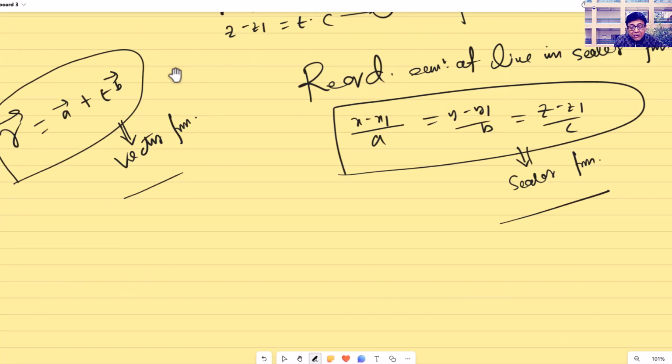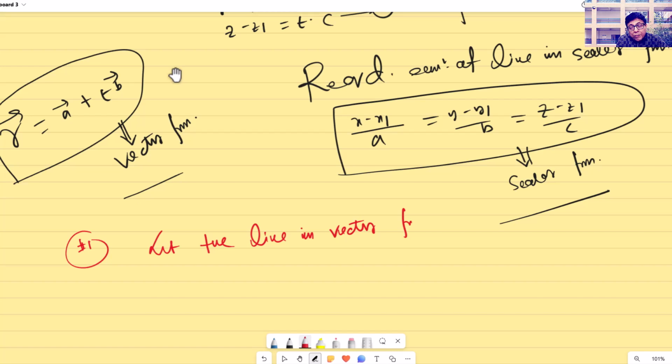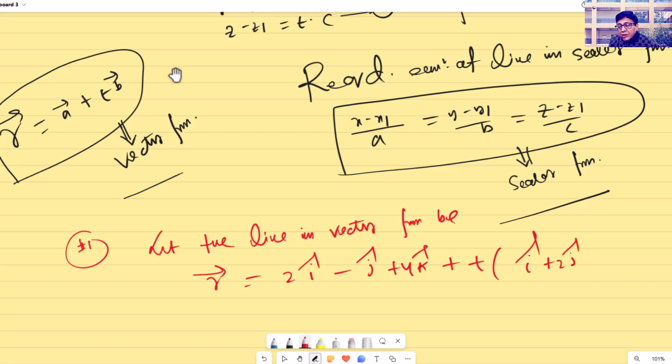Now just consider one thing, that let the equation of line given as, I just explain one conversion here. Let the line in vector form be r equal to say 2i minus j plus 4k plus t into i plus 2j minus 3k.